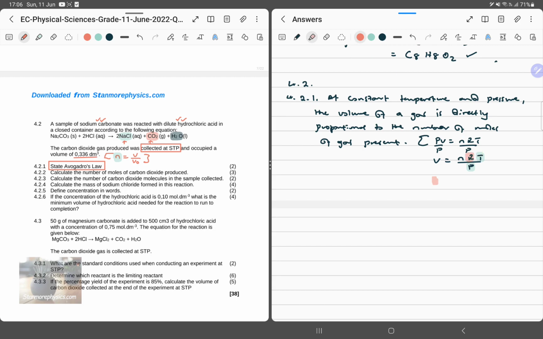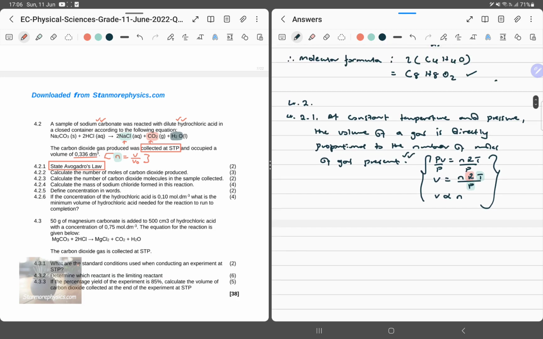Then we can see that V is directly proportional to n. So please guys, these things are easy. You just need to learn your craft properly. The general gas equation is your guide to Avogadro's law. That is the 2 marks that we are talking about.